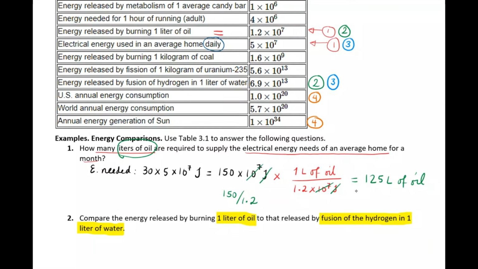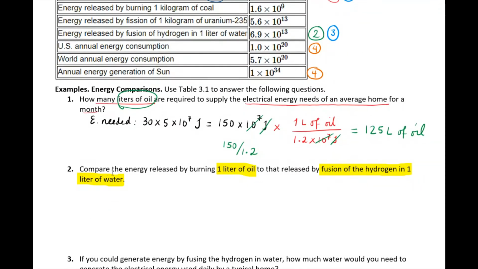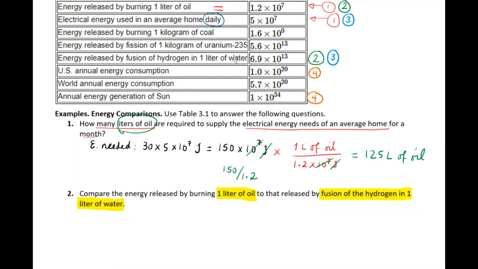So that's how you solve this problem, and all the remaining problems in this section work in the same way. For example, compare the energy released by burning 1 liter of oil and by the fusion of hydrogen in 1 liter of water. The oil is given to be 1.2 times 10 to the 7.